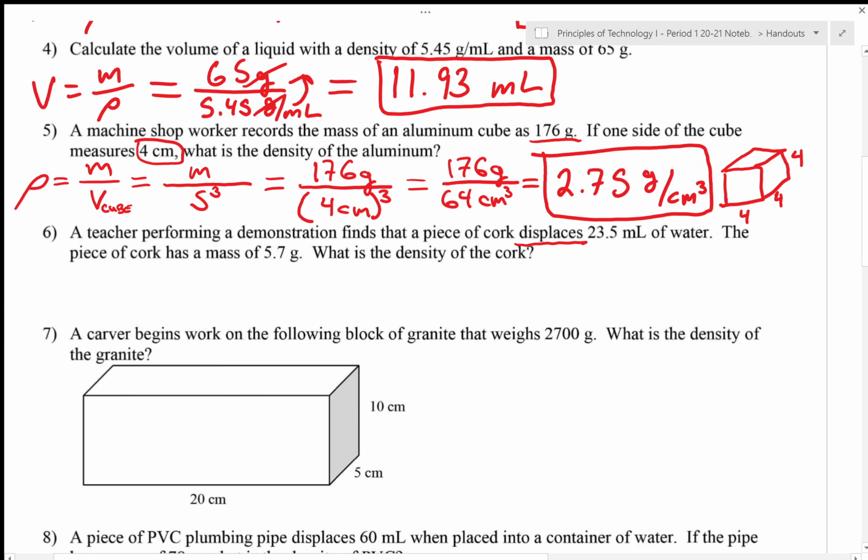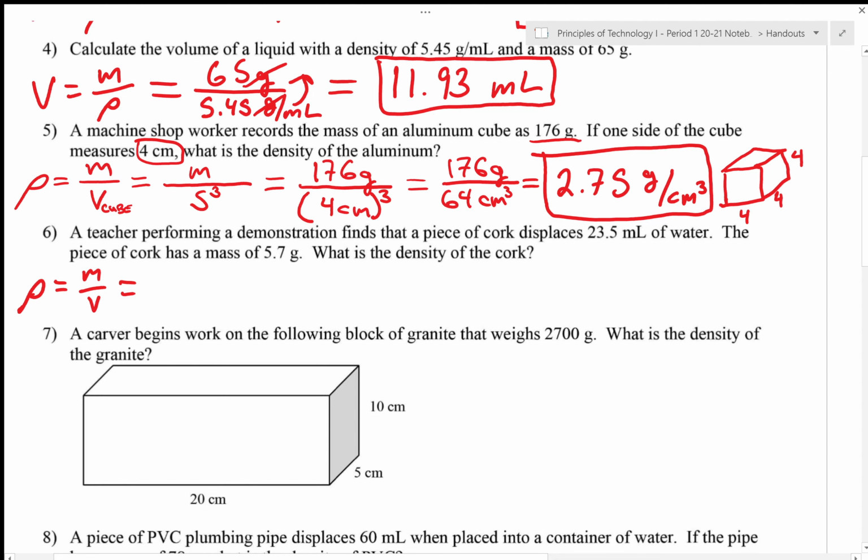If we're trying to find the density of this rock, we're going to use density is equal to mass divided by volume. The mass we're given is 23.5. I'm sorry, that is the density.